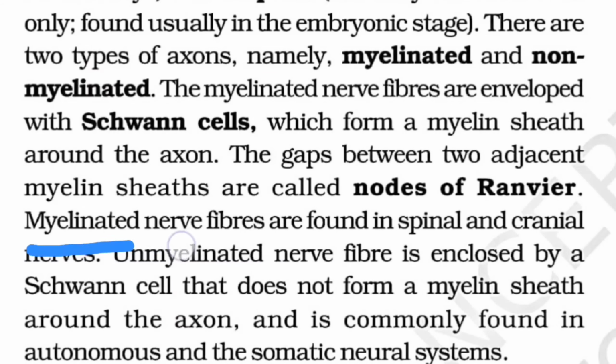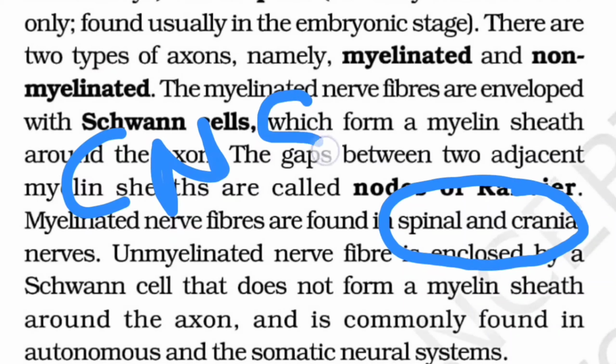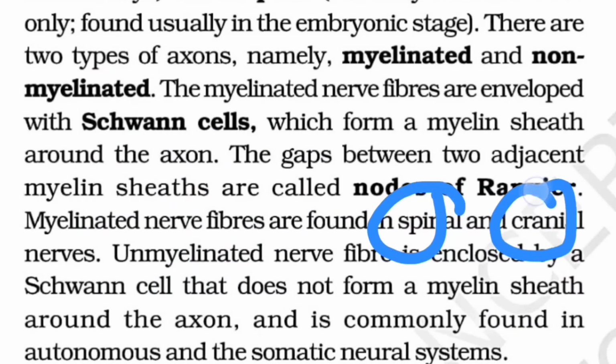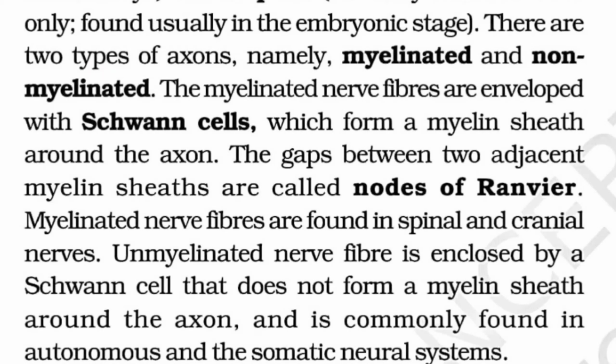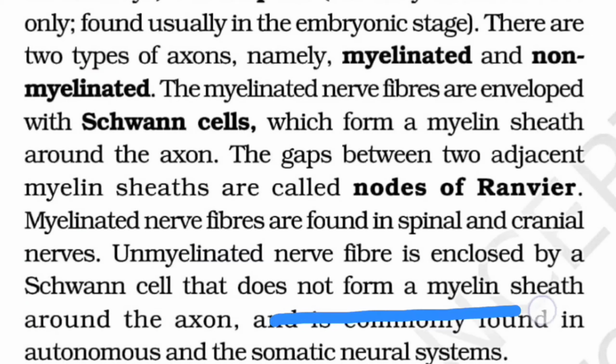Myelinated nerve fibers are found in the spinal and the cranial nerves. An unmyelinated nerve fiber is enclosed by a Schwann cell, but this Schwann cell does not form a myelin sheath, which means a protective covering.